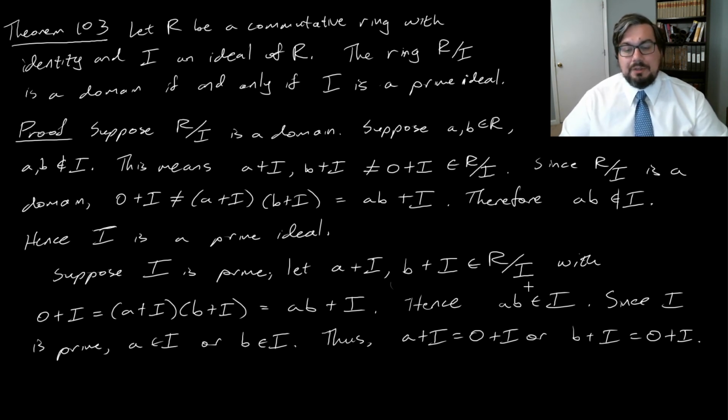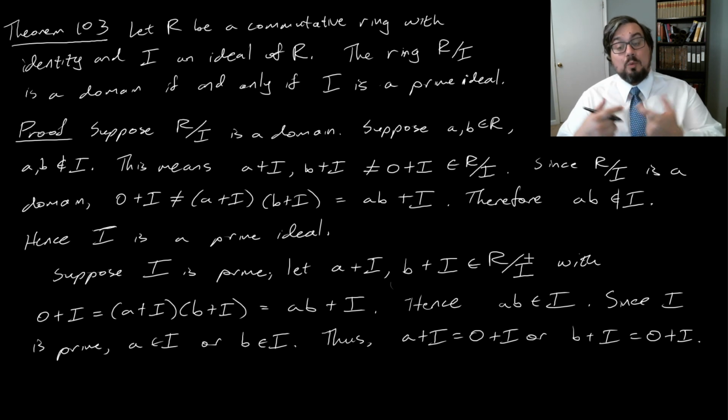We've proven that in the ring R mod I, if two elements multiply together to give 0, then one of those elements had to be 0 to begin with.